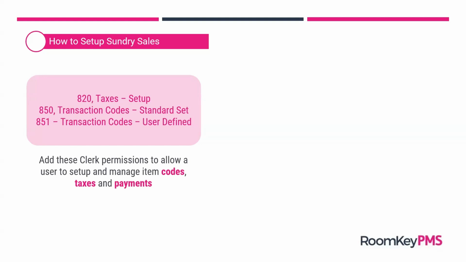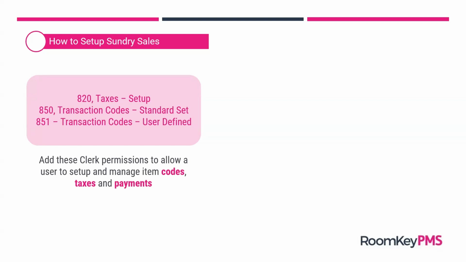So these permissions are only available if you have owner admin user role set up on your clerk ID, and you'll want to make sure that you're enabling each one of them, and that allows you to manage both the taxes that you'll set up and the individual transaction codes that you'll set up in the Sundry Sales module.